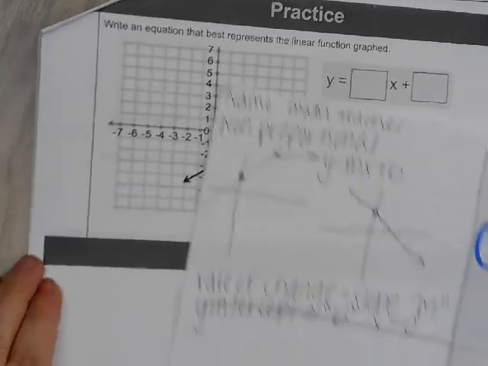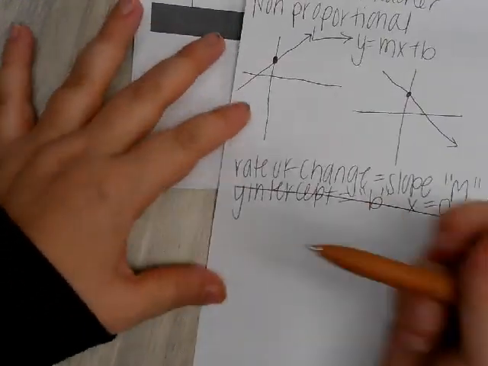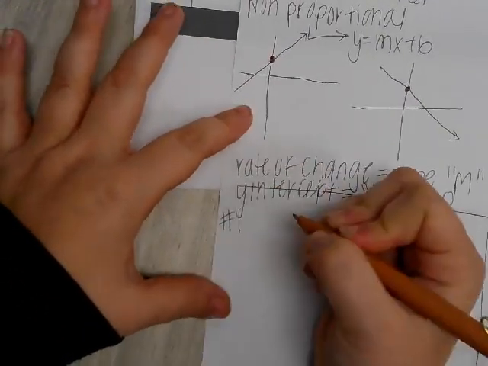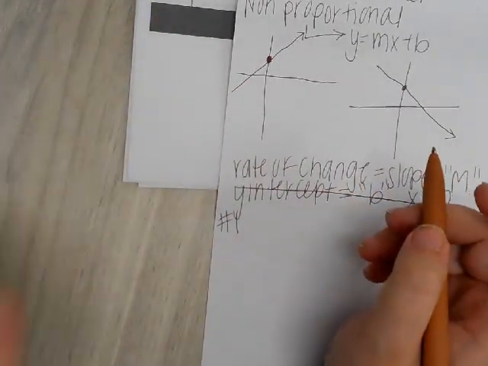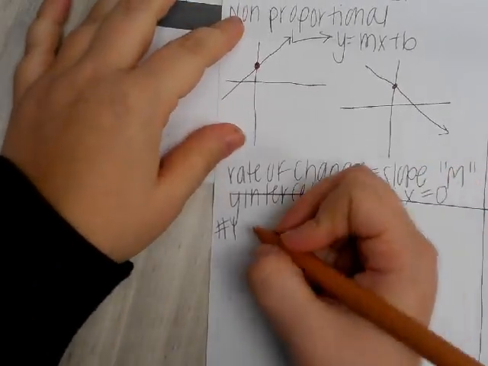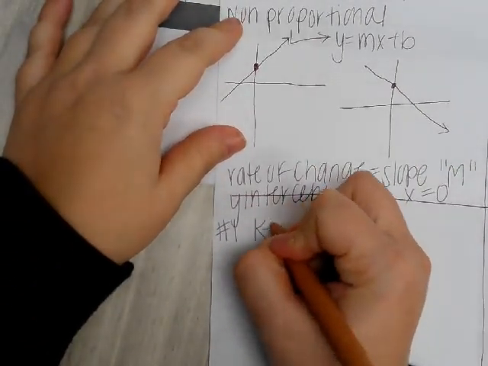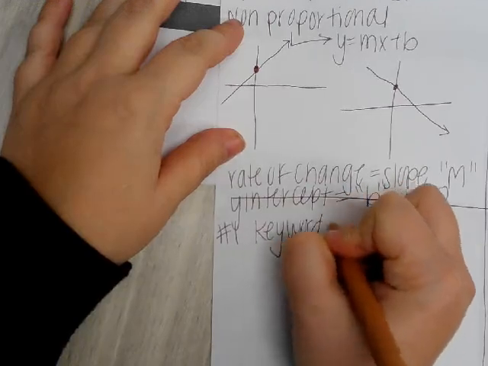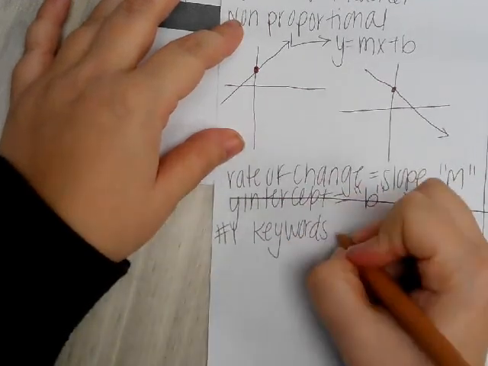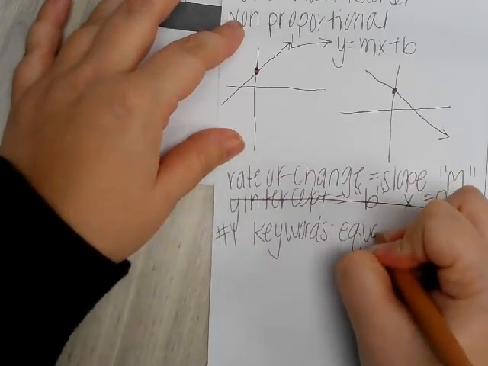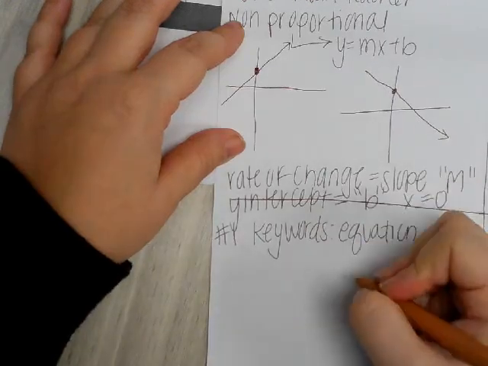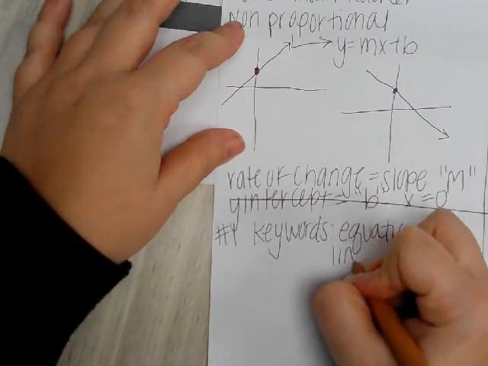Okay, let's go ahead and check our stuff. So number 1, write an equation that best represents the linear function. So my keywords, we know is going to be equation, linear function.